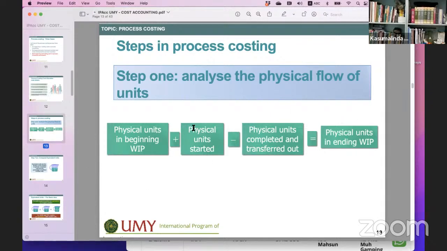At the beginning, we have units in beginning work in process inventory and the units started during the month, and at the end they become completed units or still not complete, staying as ending work in process. So this is the equation.